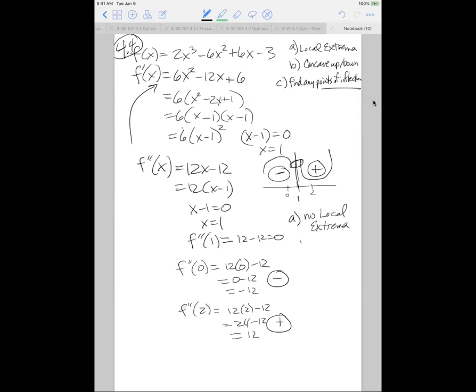That means there is no local max or local min. And B, the intervals where it's concave down: you can see on the graph the far right is 1, so the far left is negative infinity.